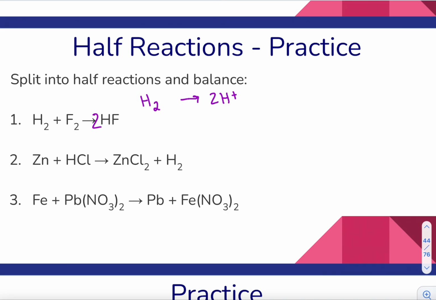So I'm not going to write out the net ionic equation here. I'm just going to write the answers. So that's for number 1, our 2 half reactions. Number 2, I'm going to do over here so it's easier to read.